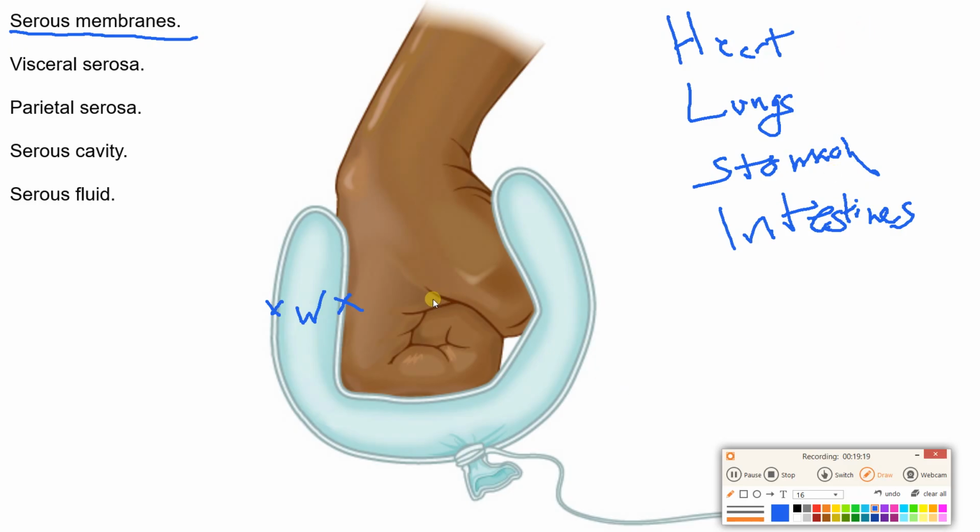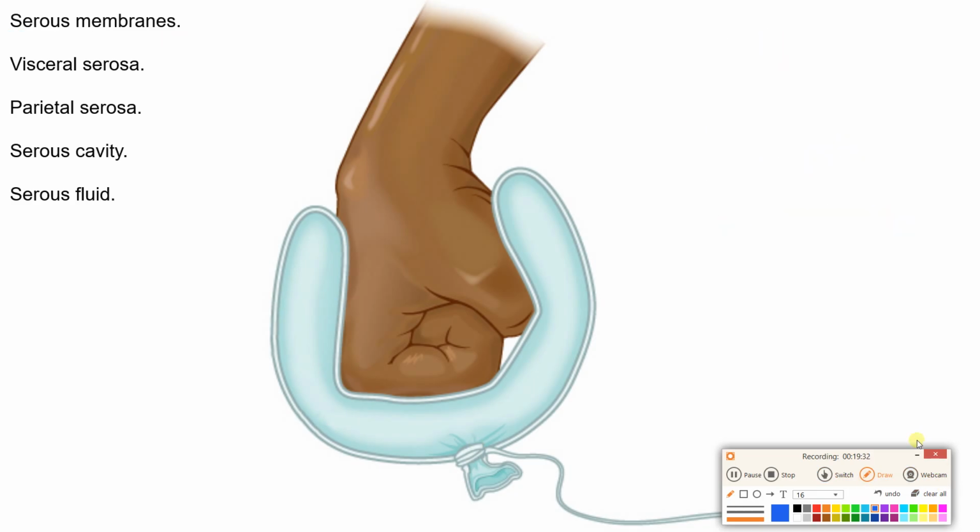So if you imagine the fist was the heart, there's going to be a serous membrane, a fluid-filled space, and then another serous membrane. And we are going to name these things as well. So imagine the fist is the heart or the lung or an intestine. Then there is a serous membrane.